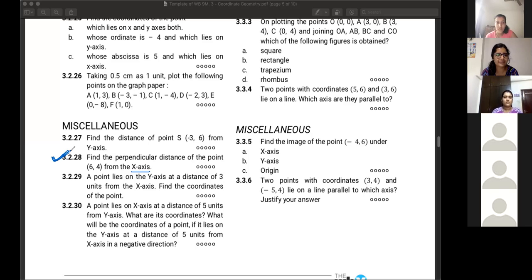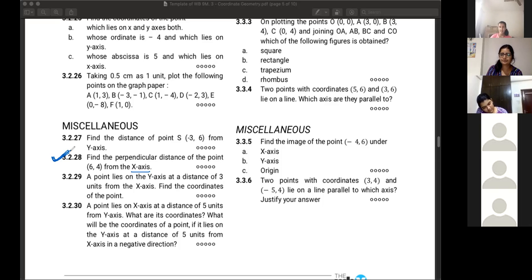So the girls have all got it. Ma'am, can you just explain the 26th question? Because they're asking to take 0.5 centimeter as 1 unit, so it's a bit confusing. After this, I'll take that up. Sujal and Swayam, yes, you are right.